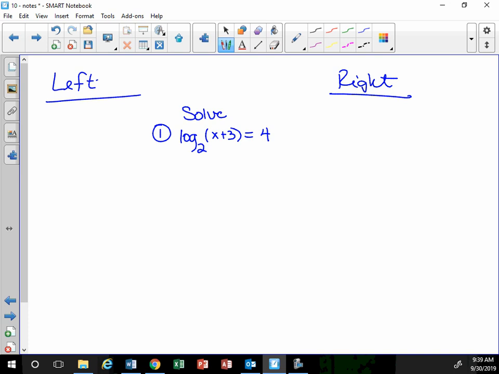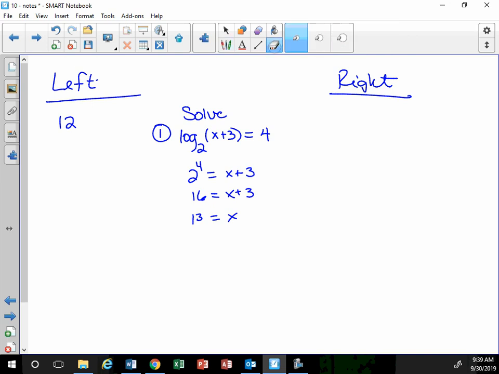Let's see. 13. Beautiful. You never call on any of us back here. I'm sorry. I'll change that. Okay. When you're all standing up, I can't see who's standing. All right, everybody okay with how that's 13? Rewrite it. 2 to the 4th equals x plus 3. That's 16. 13. Yes?